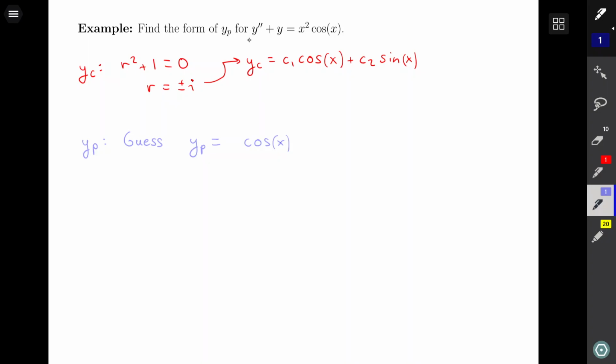However, since this equation involves taking derivatives, I am also going to need to put in a sine of x, just in case. And I'm going to put in constants in front of each of those. You try that out, doesn't work.